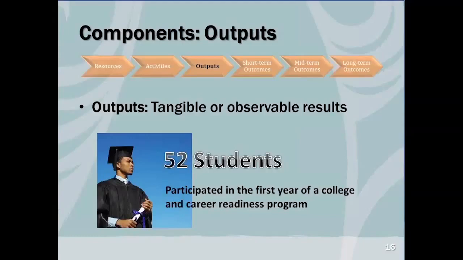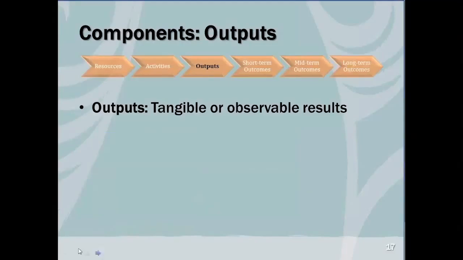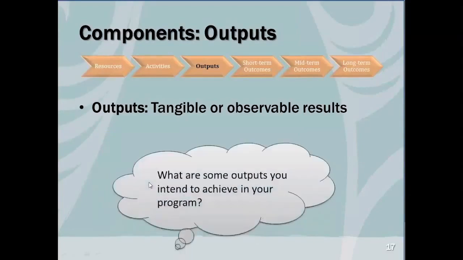And so this is often confused with outcomes, which is the next topic. Instead of asking for examples of outputs, we'll skip over to the outcomes and get a little bit deeper into that. Because there you'll see from these charts that there are three types of outcomes: short-term outcomes, mid-term outcomes, and long-term outcomes.